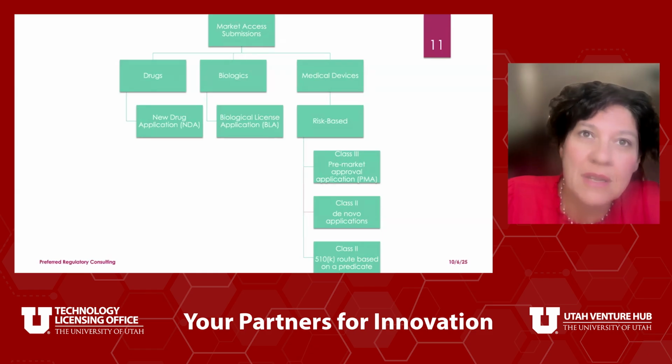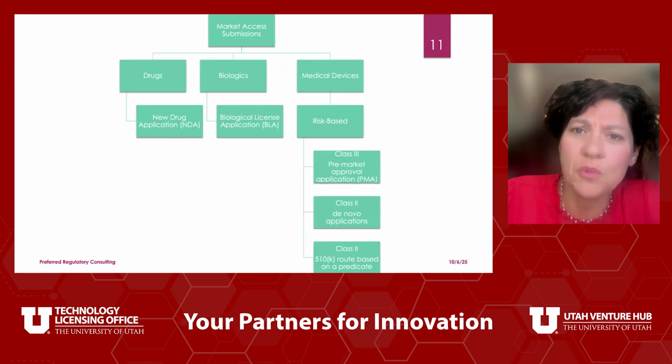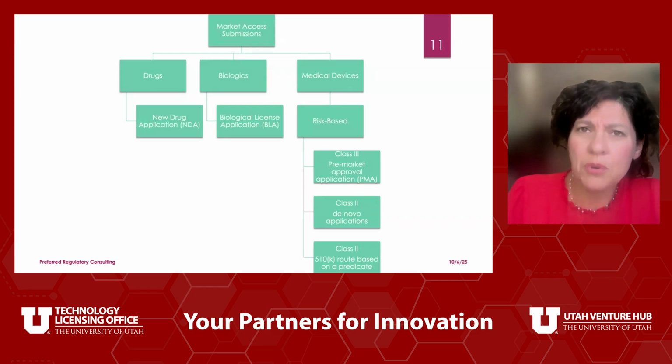A De novo application is filed when you have a completely new, novel, groundbreaking device for which there is no similar device on the market. Now, if there is a similar device on the market, if you can somehow draw a comparison to a marketed medical device, you could go the route of a 510(k) notification, and there you choose a predicate or a few, and you draw a comparison and prove substantial equivalence as part of it.